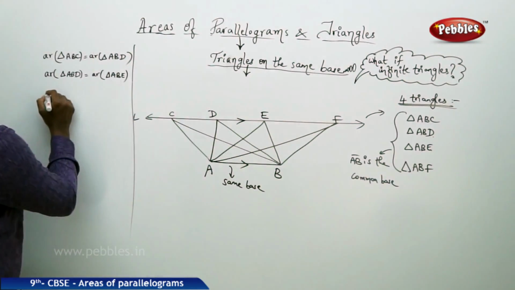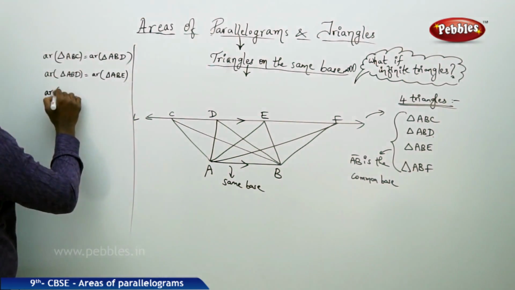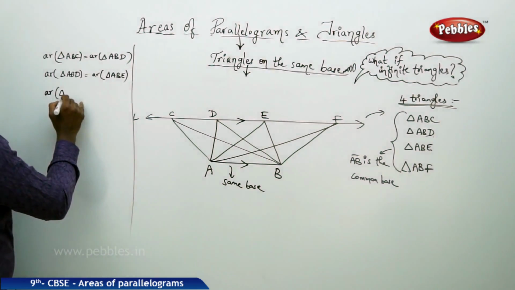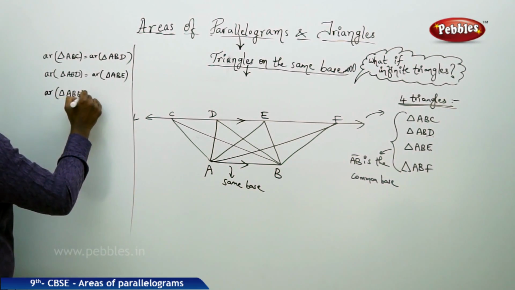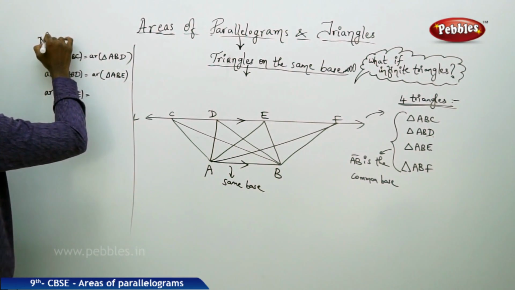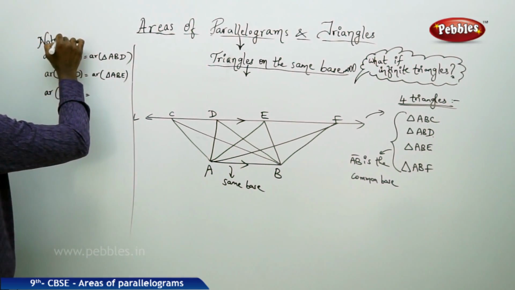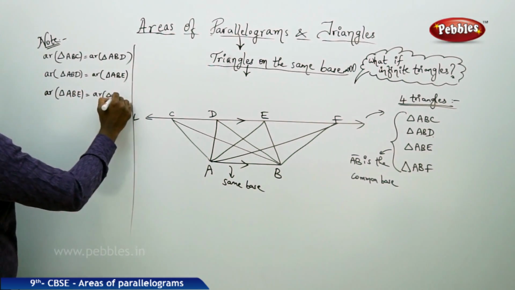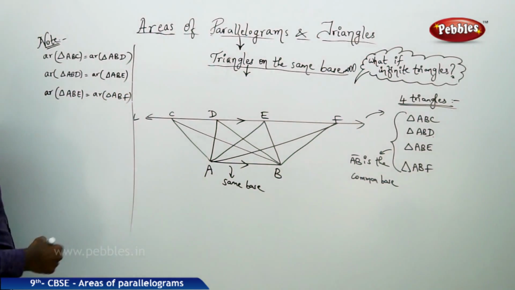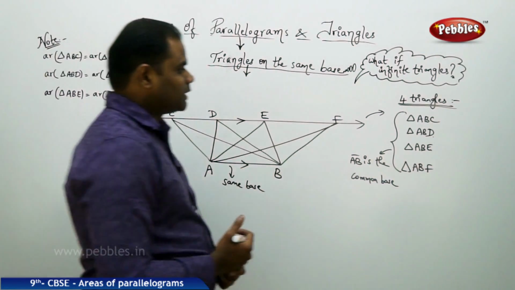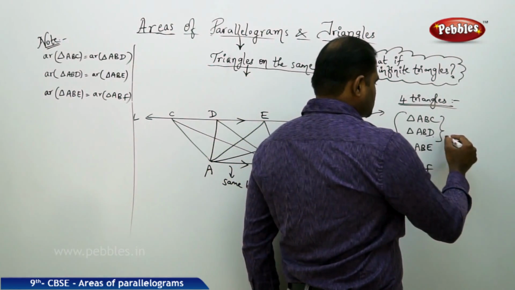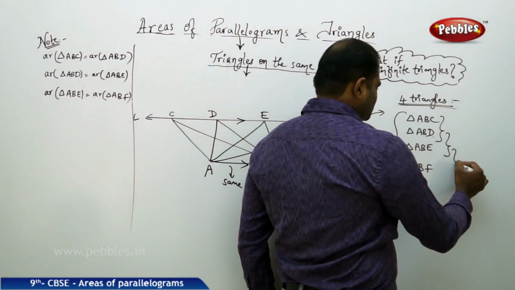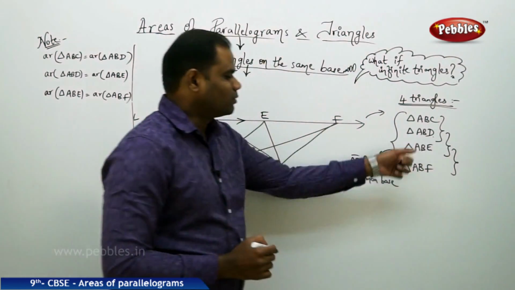Therefore, area of triangle ABE equals area of triangle ABF is what we see when I take the first two in pairs, then the second two in pairs, then the last two in pairs.